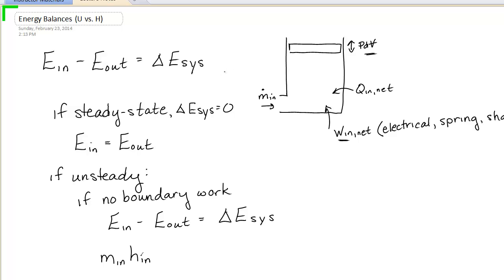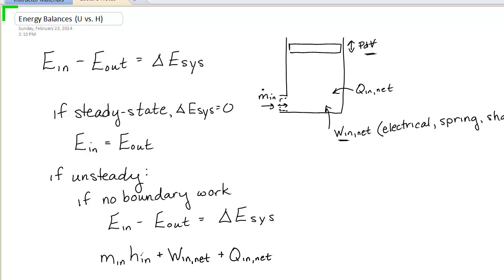And this is because if we think about the fluid flowing in, it's going to take some kind of flow work to push that fluid into the system. So anytime we have a flowing fluid, we use the enthalpy because it has this flow energy that comes along with the internal energy when it's pushed into the system. Other ways that we can get energy into the system are our net work in and our heat into the system.